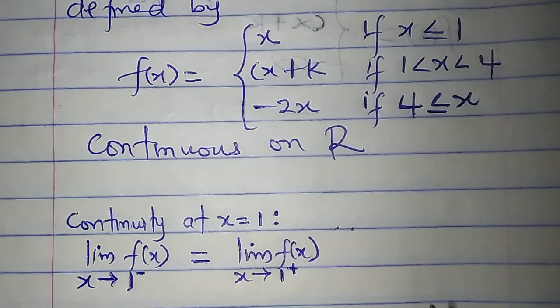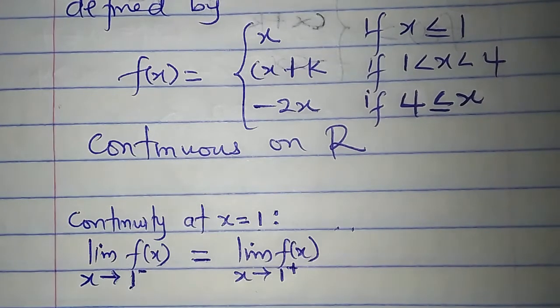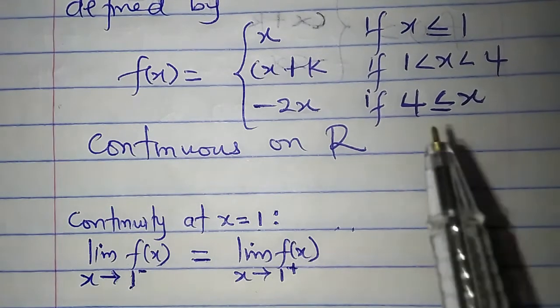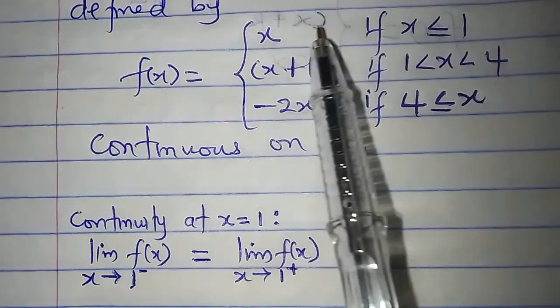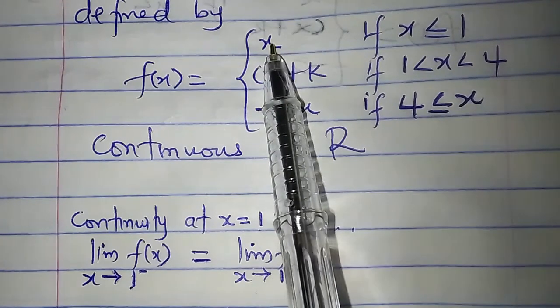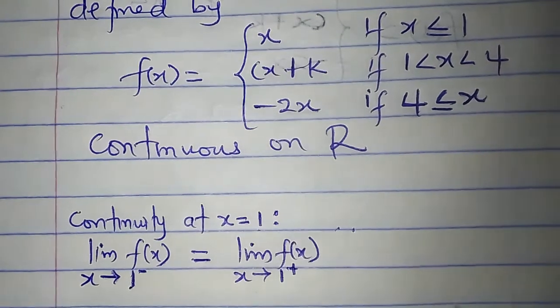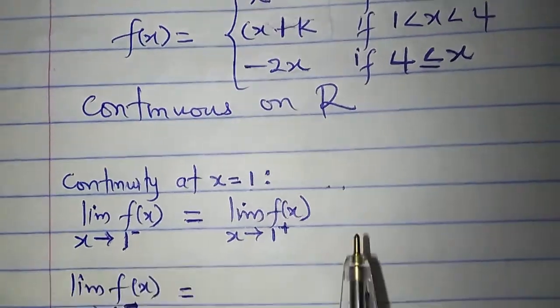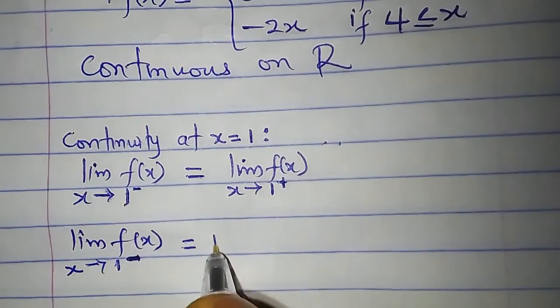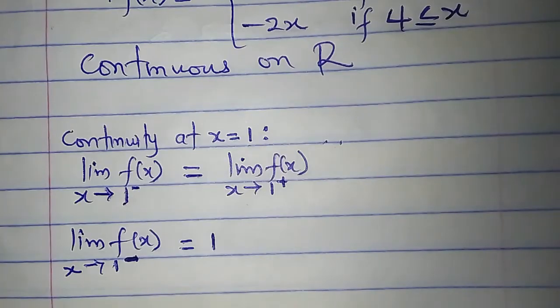As x approaches 1 from the left, we are talking about numbers less than 1. I can see here x less than 1. That means I will use this function to determine the limit as x approaches 1 from the left. So that means I will use this. In place of x now, I'm writing 1. So this is the limit as x approaches 1 from the left.